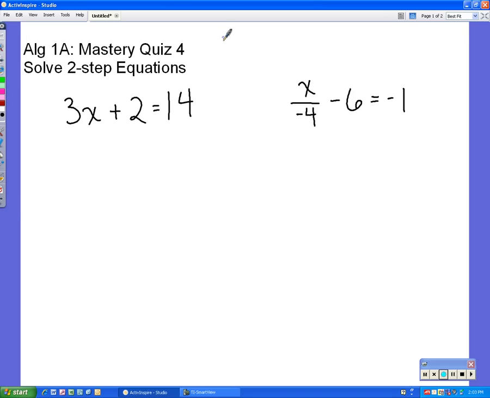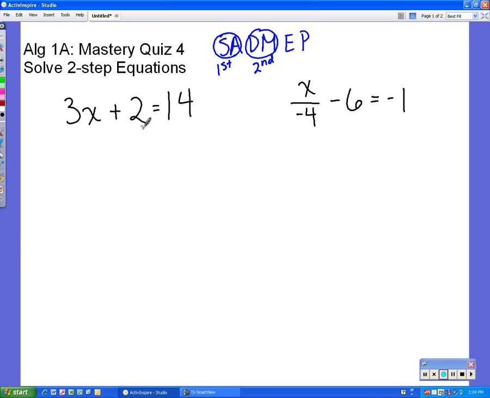So, instead of going PEMDAS, we're starting with the S and the A, and then we're doing the D and the M, and then lastly the E and the P, which we won't get to until later. So we undo subtraction and addition first, and then we undo division or multiplication second in these two-step problems.